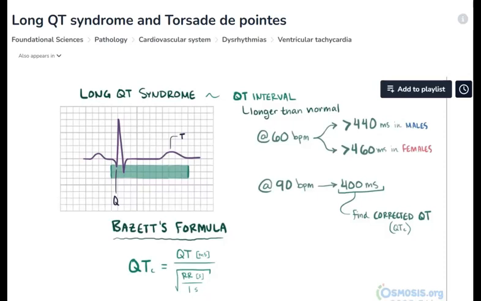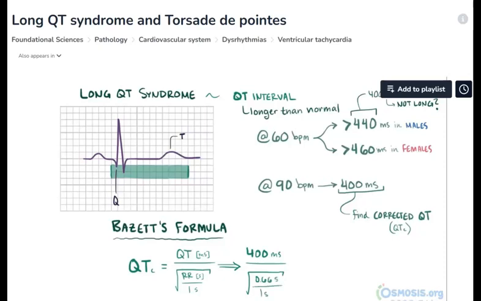Anyways, let's do a quick example of a male with a 400 millisecond QT interval at a rate of 90 beats per minute. Comparing to the values at 60 beats per minute, 400 milliseconds wouldn't be considered a long QT, right? If we use our handy formula though, we'll plug in 400 for QT and 90 beats per minute, or 0.66 seconds per beat.